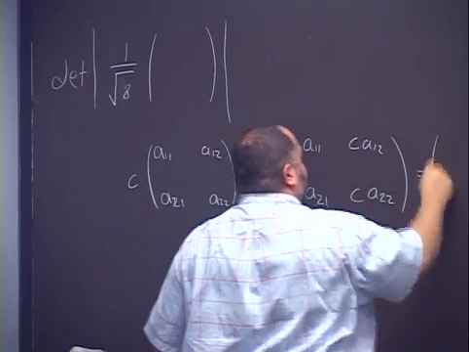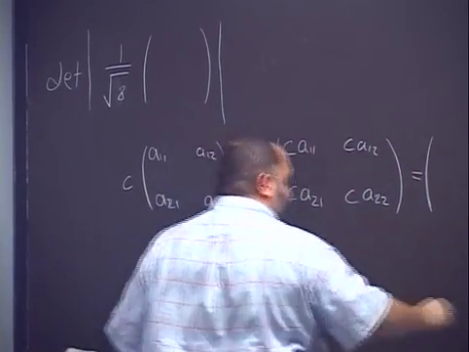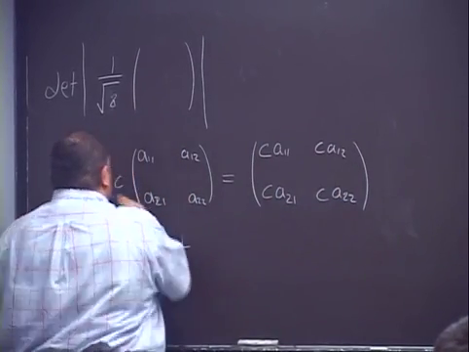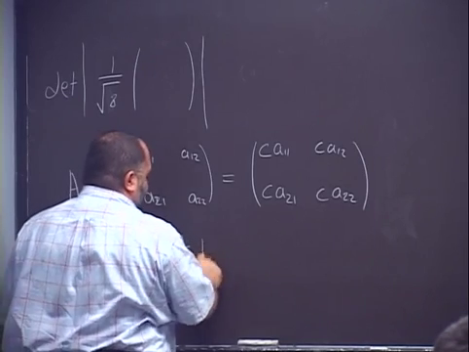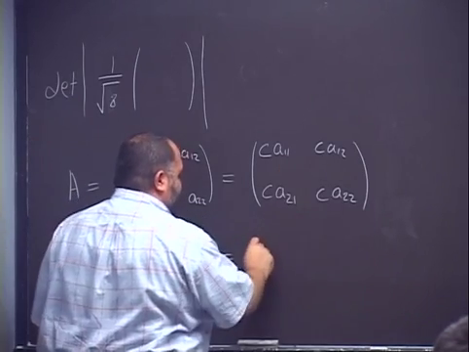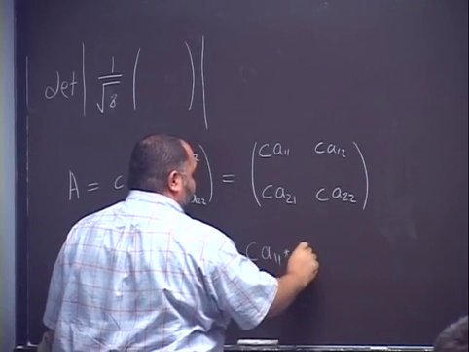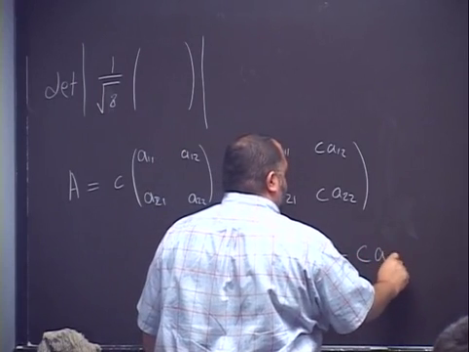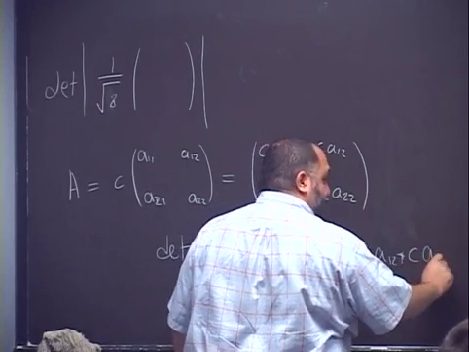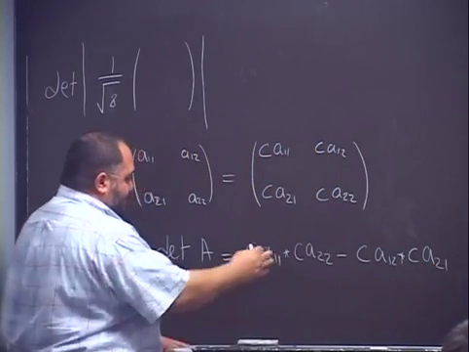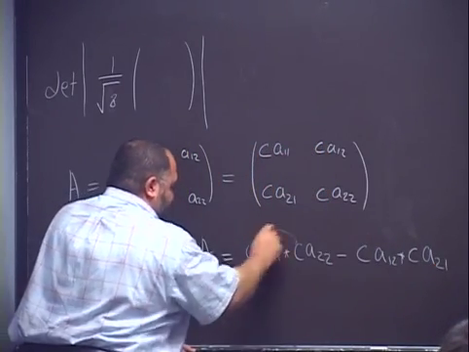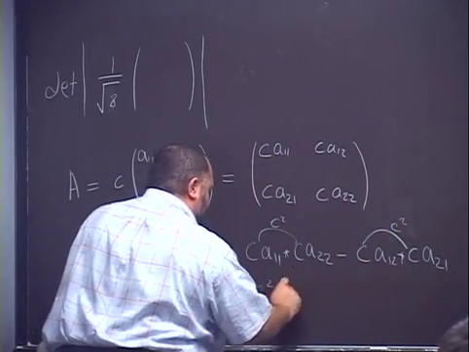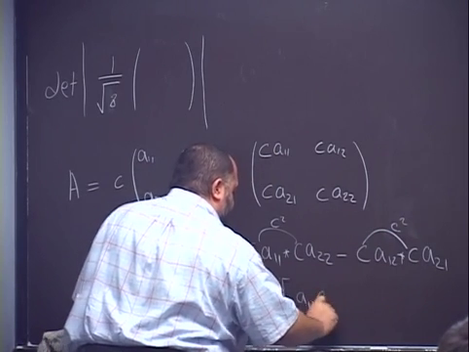To get the determinant of this, let's say this is matrix A, the determinant is C A11 multiplied by C A22 minus C A12 multiplied by C A21. So this is nothing more than C squared multiplied by your determinant.